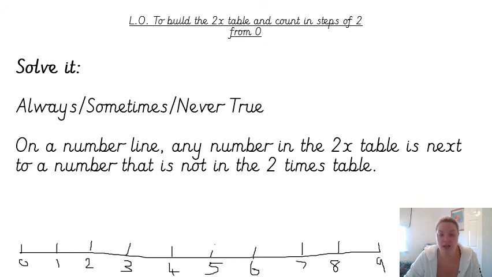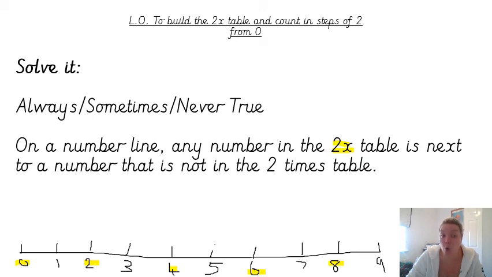Okay, now we're going to highlight the numbers in the 2 times table in yellow. And let's see. Okay, so on a number line, any number in the 2 times table is next to a number that is not in the 2 times table. So I'm not going to tell you the answer, but look, here's the number in the 2 times table. This is not 2 times table, not 2 times table, not.